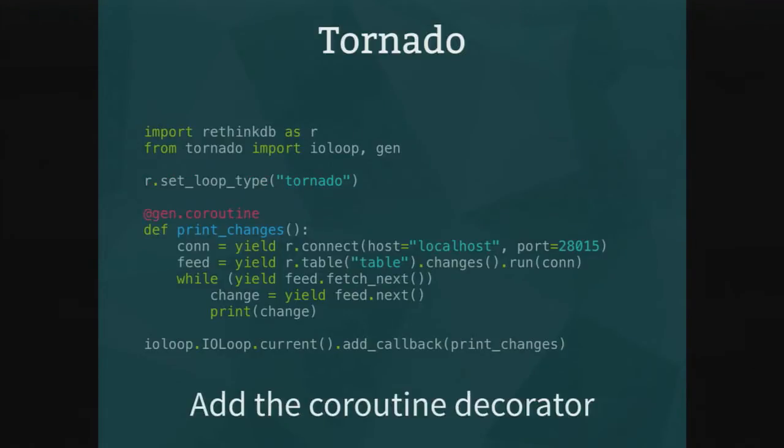Okay, so Tornado has this coroutine feature, this decorator that you can attach to a function in order to configure it as a coroutine. And when you attach this decorator to the function, the yield keyword inside of it essentially works like an await command. What it does is execution will drop out of the function until the operation completes, and then it'll resume, and it'll do that without blocking.